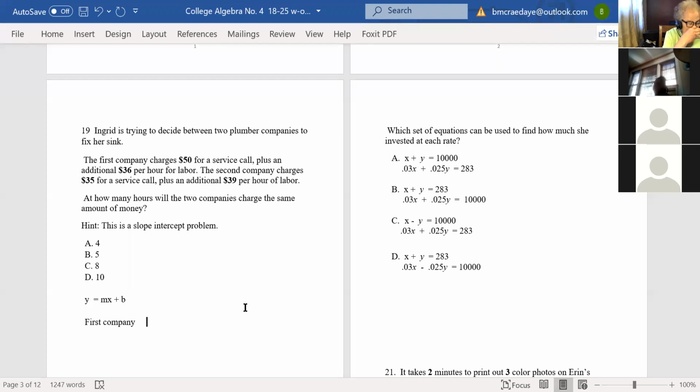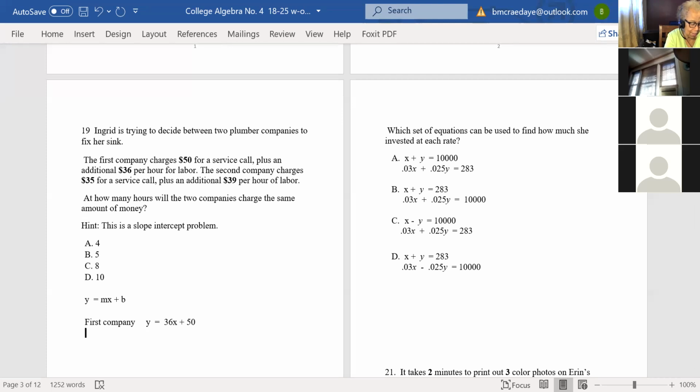I'm going to say y equals 36x, because it says 36 per hour, and that's what's changing, and that's what the slope is, the rate of change, plus 50. So that's our equation for the first company.